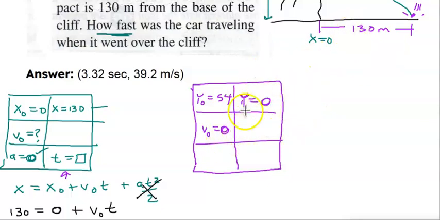It was not launched up at all, so up and down, it wasn't moving. a is negative 9.8, and t is what we're looking for, because that's the secret passageway back to the horizontal. So the fact that we have these two things is a clue that we are going to use the vertical position function.